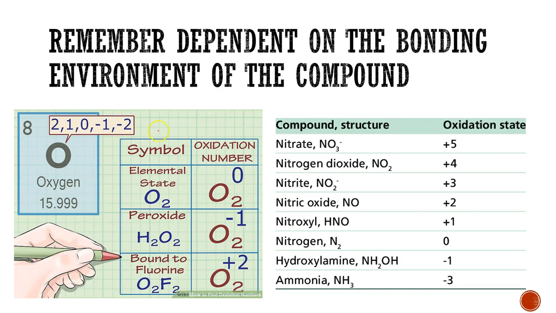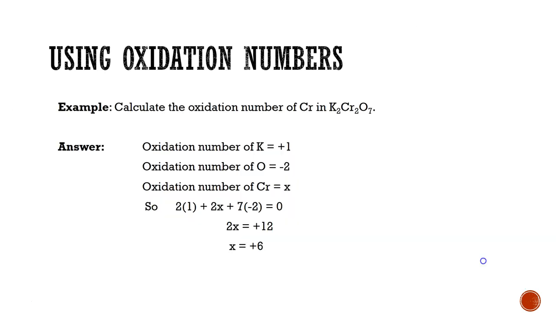So this is just highlighting our exceptions for oxygen. We can see here that when it's bound to fluorine, pretty much anything bound to fluorine is going to be positive because fluorine will be negative. And we can also see that we get variable oxidation states for the nitrogen in different nitrogen compounds. As the bonding changes, the oxidation state will change as well.